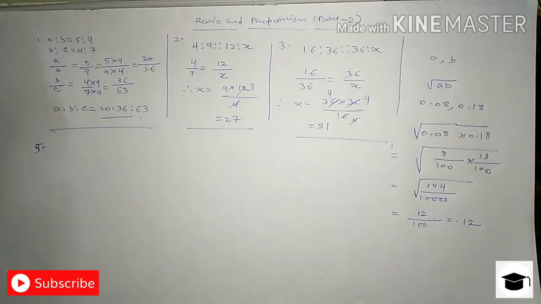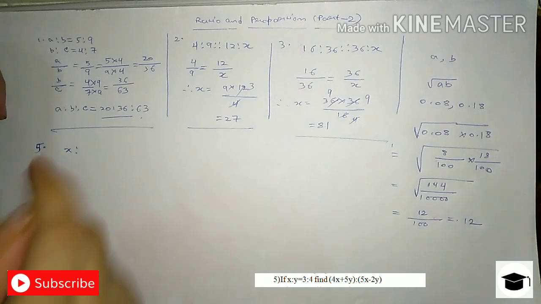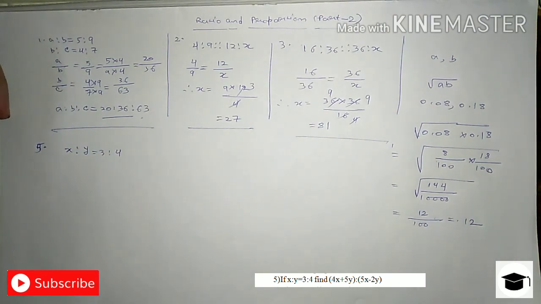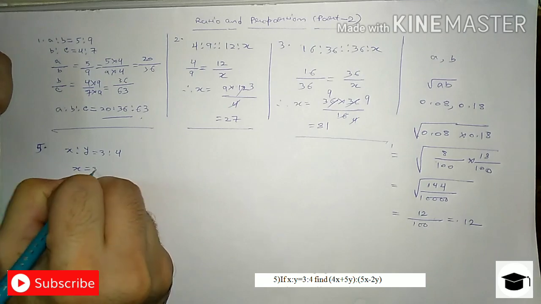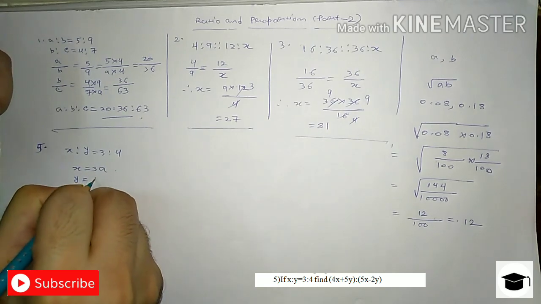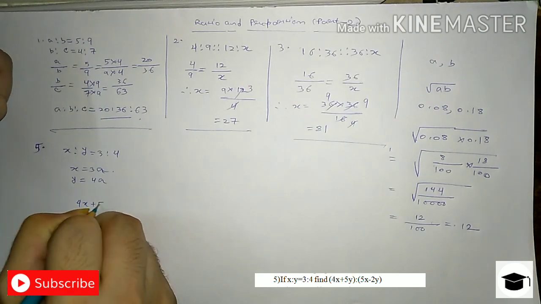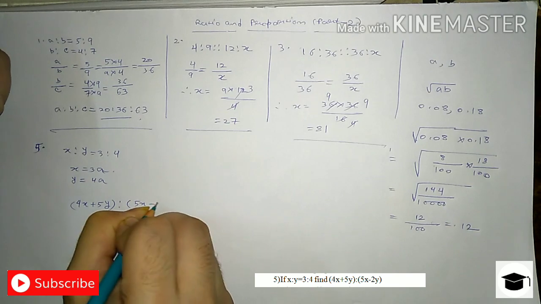Next question. If x is to y equal to 3 is to 4, then we have to find the value of 4x plus 5y is to 5x minus 2y. Here we can take the value of x equal to 3a and y equal to 4a. And now we have to find the value of 4x plus 5y is to 5x minus 2y.